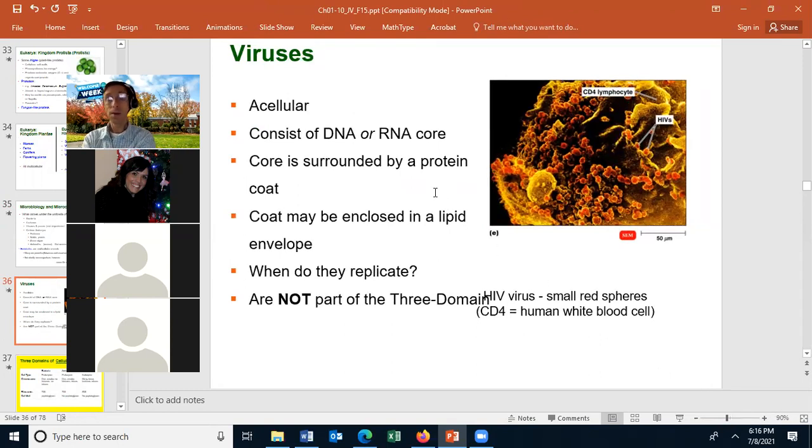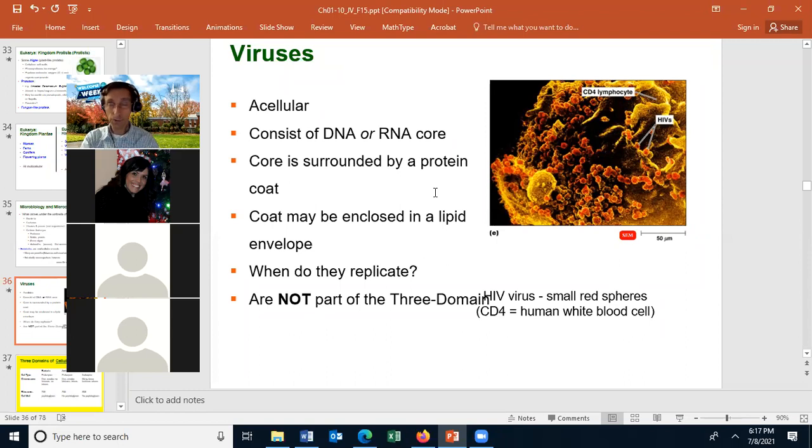Viruses are special because this is a microbe that is lacking a cell, and so we call it acellular. It's also unusual because it does contain a genome, but that genome can be either DNA or RNA. It's never the two together. It's one or the other.